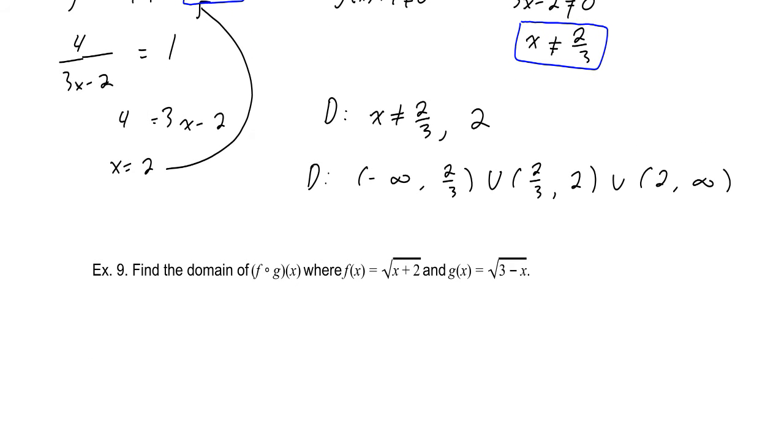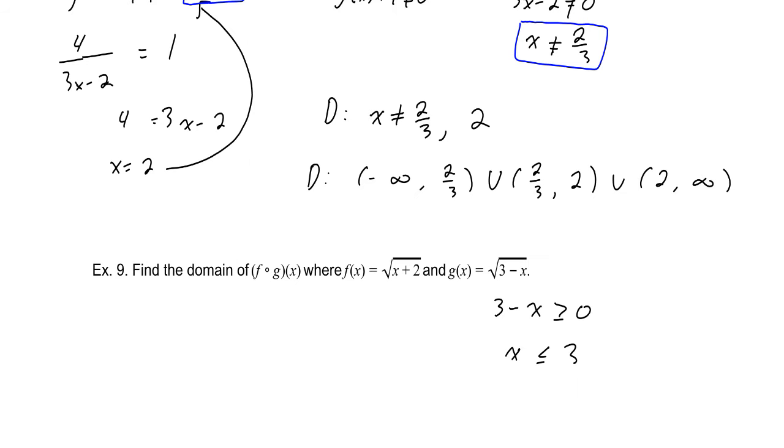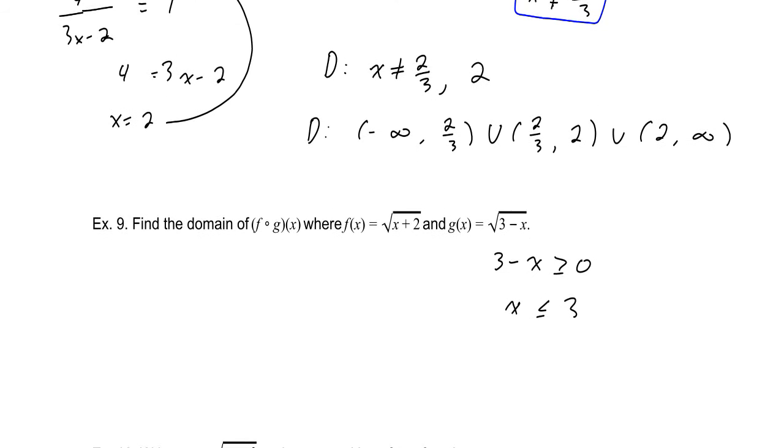Again we need to make sure that g of x is defined, which means 3 minus x must be greater than or equal to 0, which means x is less than or equal to 3.